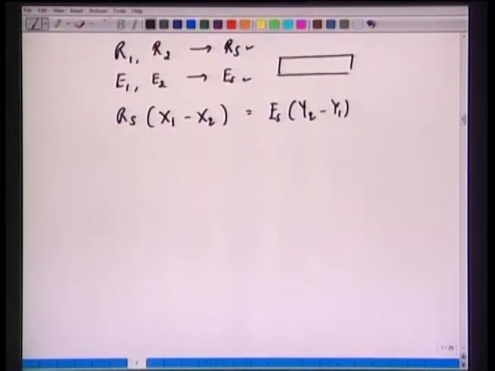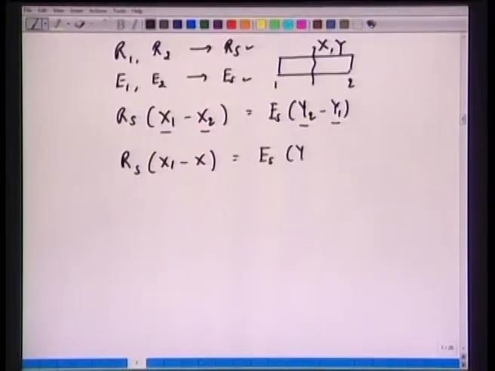So we have substituted small x1, x2, small y2, y1 in terms of their counterparts capital X and capital Y. And if there are some intermediate locations between 1 and 2 where the mole fractions are X and Y, then we can write Rs times X1 minus X equals Es times Y minus Y1. So essentially we have made a species balance over this envelope where we have two streams which enter concurrently and they exit at X and Y.